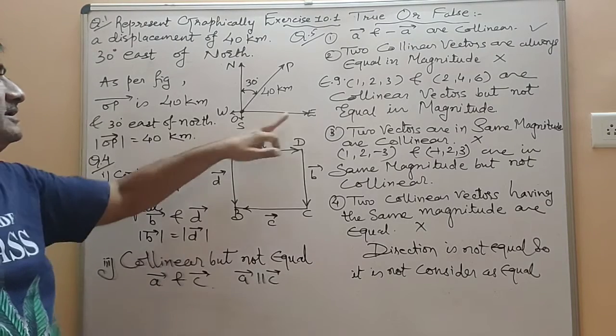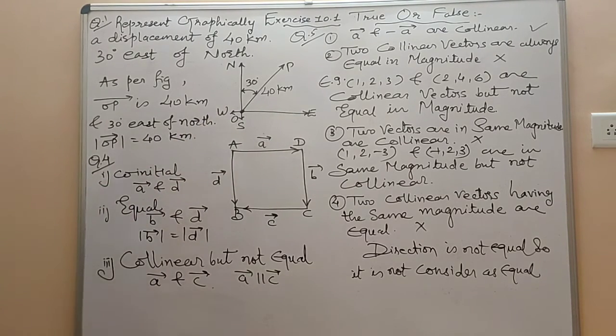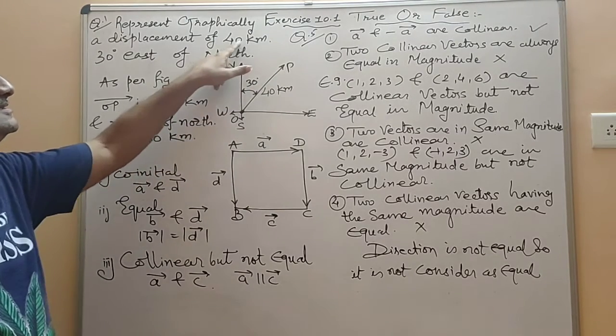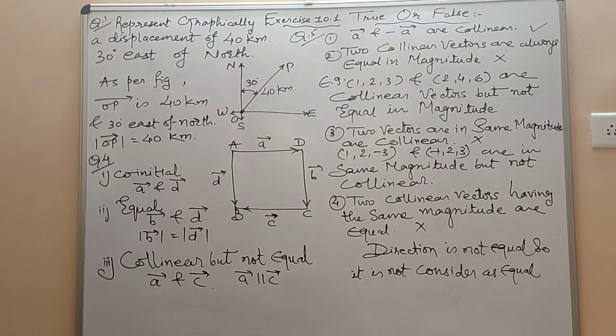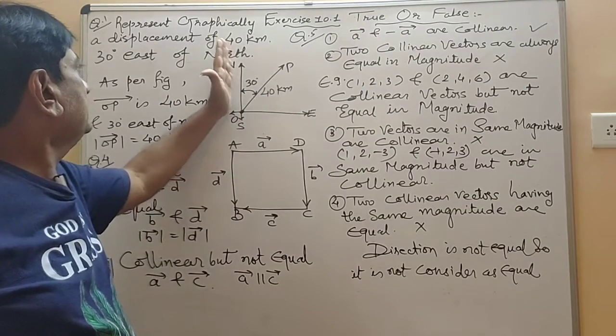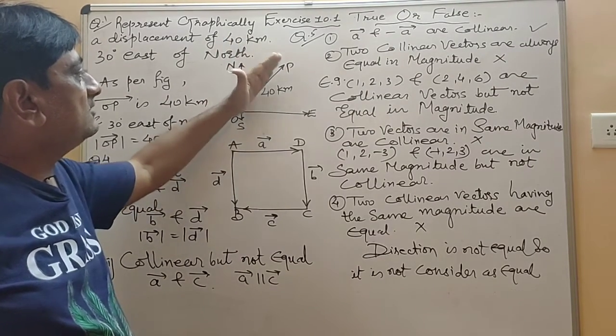So first of all, east, north, west and south direction. Now vector is OP vector. The length is 40 kilometers and it is 30 degree east of north. To start with north and 30 degree east side. East side 30 degree means it is a clockwise direction.